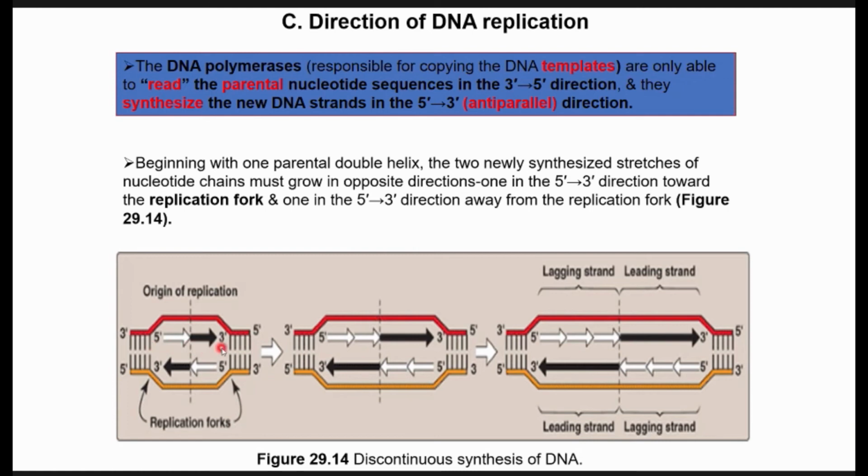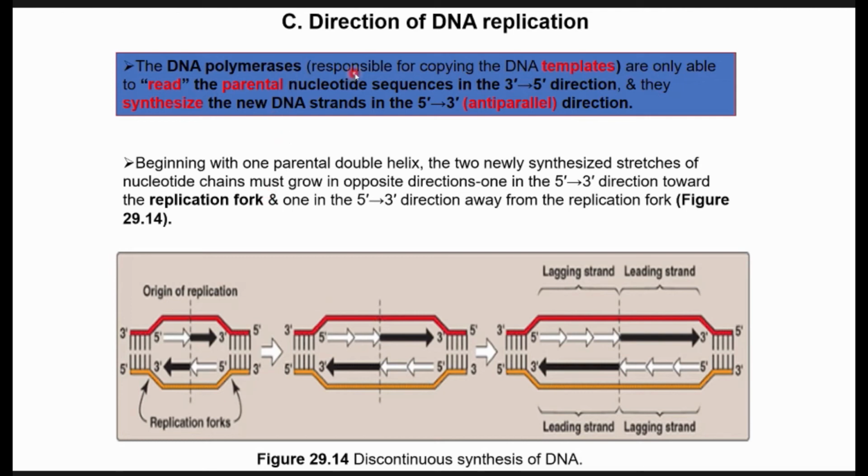I repeat, because this is a very important concept: the reading of the DNA polymerase is from 3 prime to 5 prime, but the synthesis is from 5 prime to 3 prime. It means that the newly synthesized strand will be 5 prime to 3 prime. This is one important piece of information you need to know.